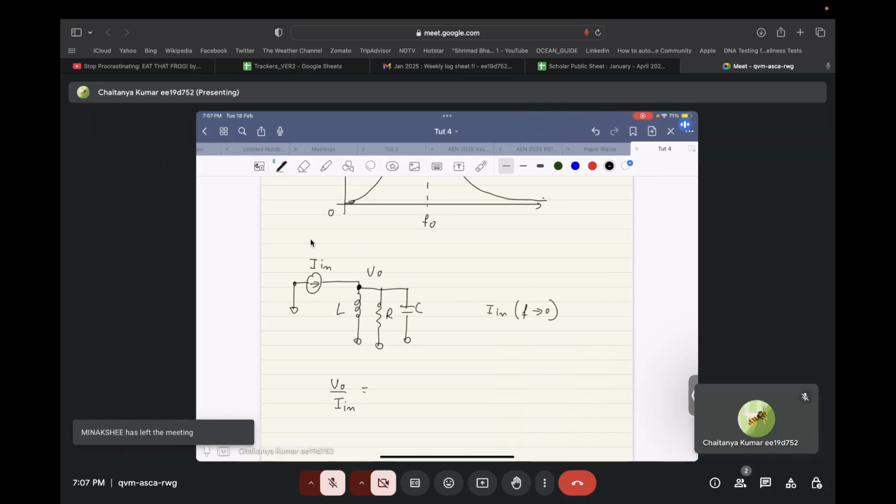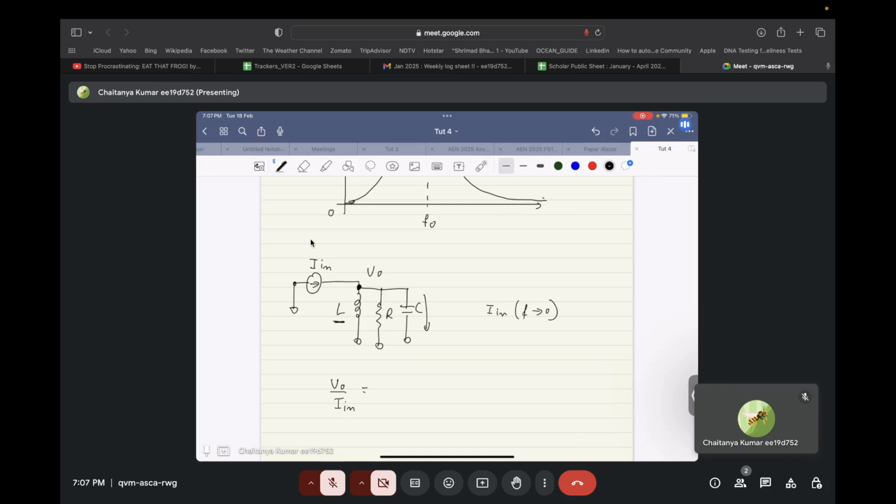Since our L behaves as short circuit at DC frequencies, at low frequencies, the voltage that will be developed will be 0, and at very high frequencies, the capacitance will become short circuit. So the voltage developed across the capacitance will also be 0 at very high frequencies.